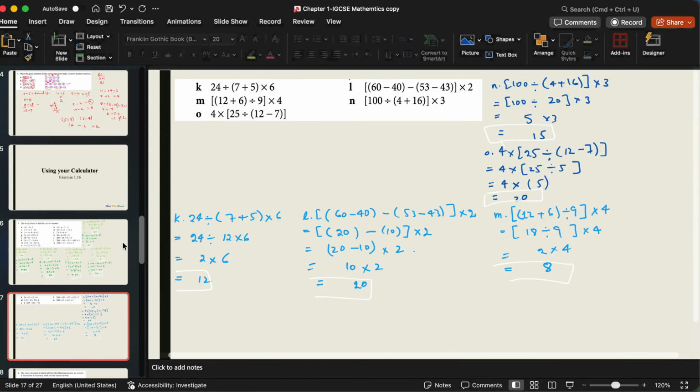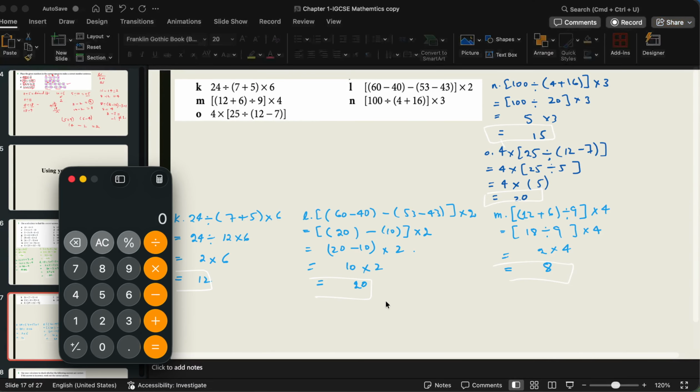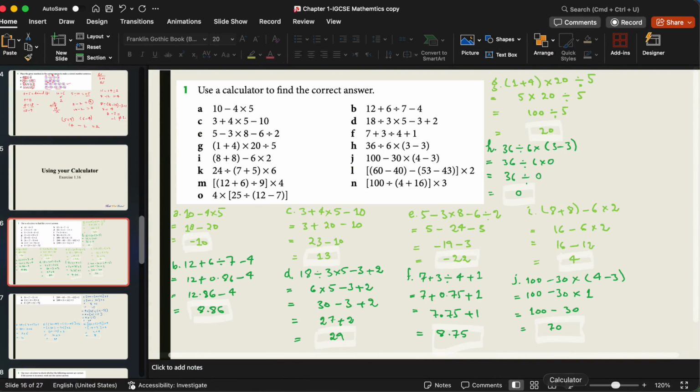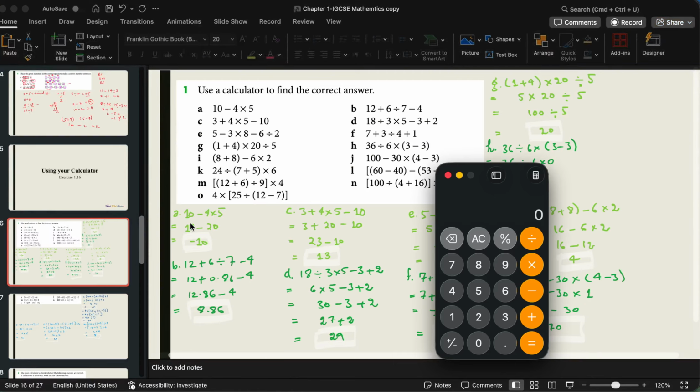For example, take the very first expression that we have. On the calculator, let's say I'm not prioritizing 4 multiplied by 5, and I start with 10 minus 4. 10 minus 4 is equal to 6, and then 6 multiplied by 5, because we have 5 in here, is equal to 30.